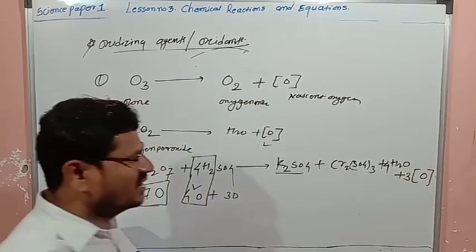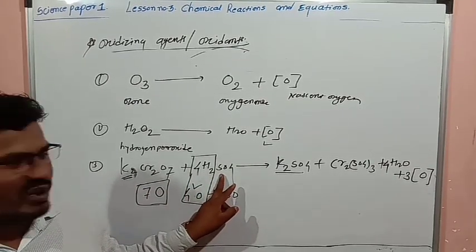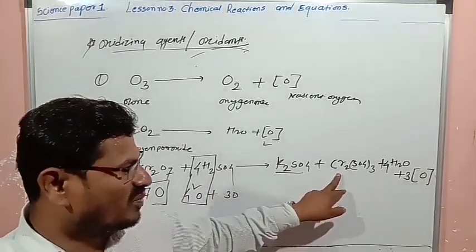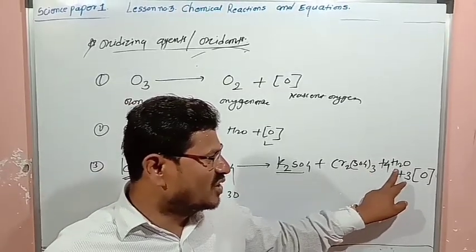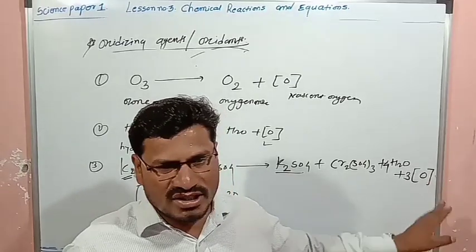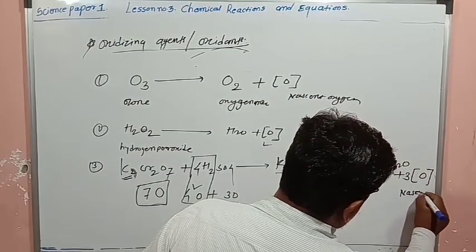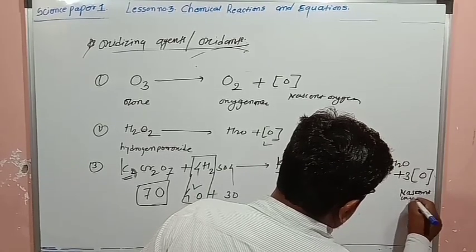How many nascent oxygen? 3. So K2Cr2O7 plus 4 H2SO4 gives K2SO4 plus Cr2(SO4)3 plus 4 H2O plus 3 nascent oxygen.